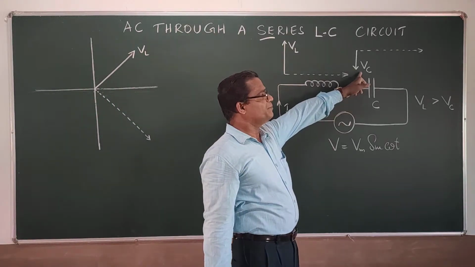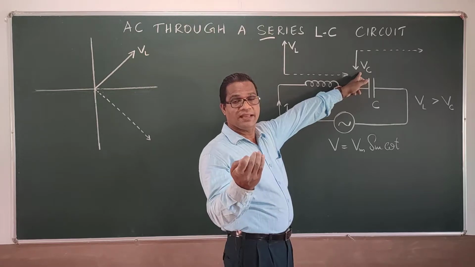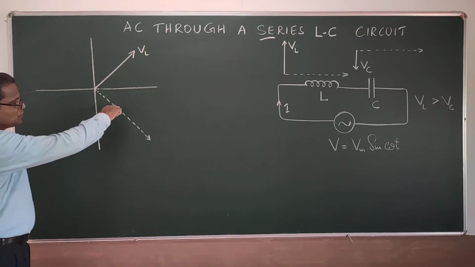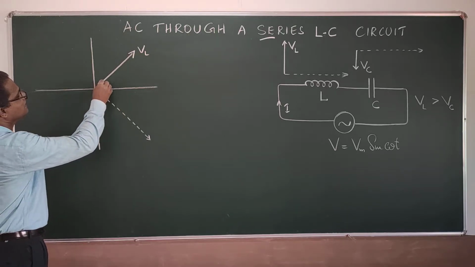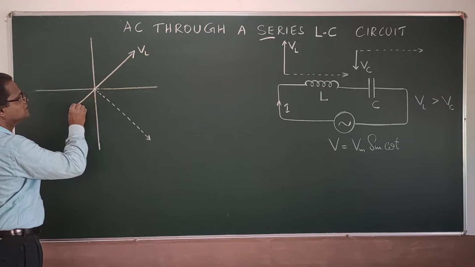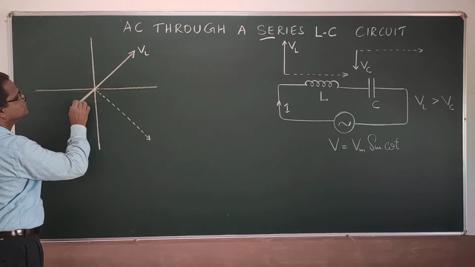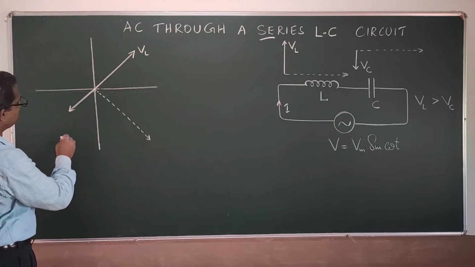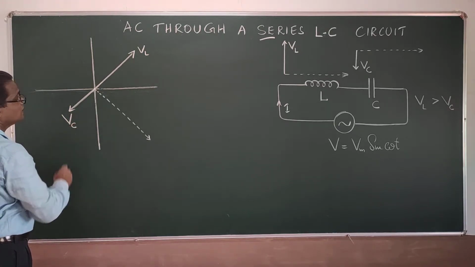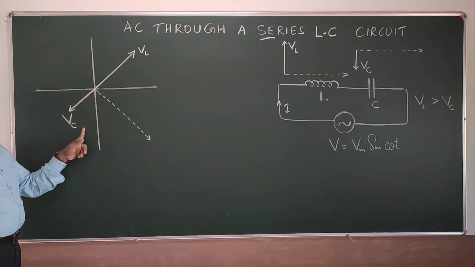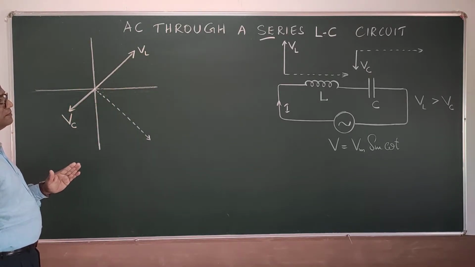Then the capacitor voltage is lagging the current by pi by 2. Lagging the current means you have to take it clockwise, so it must be like this. And we have taken the condition here that VL is greater than VC. So this is the phasor diagram.